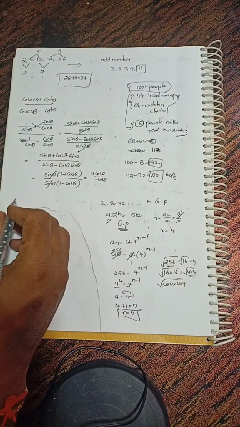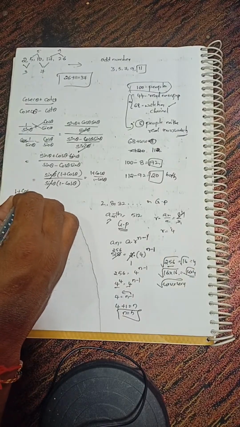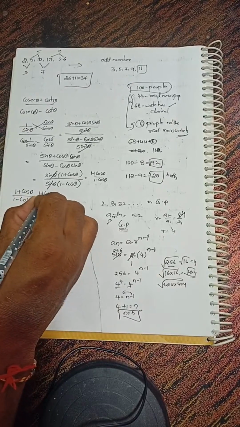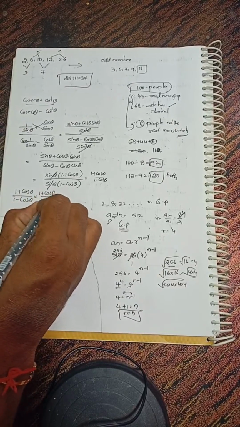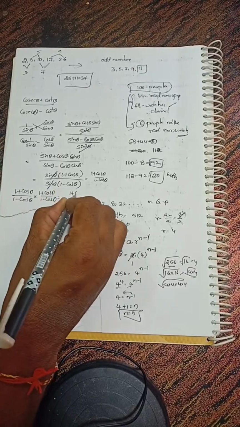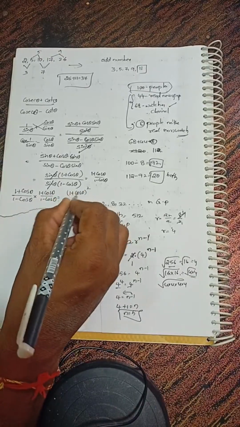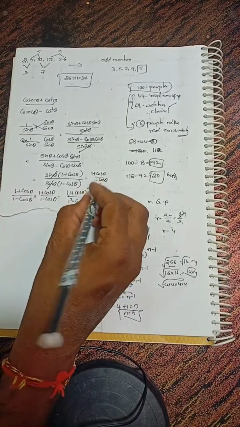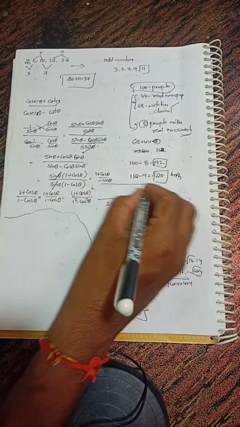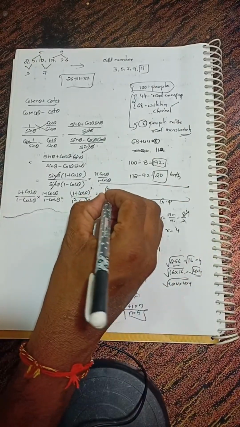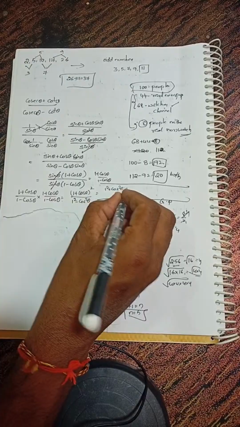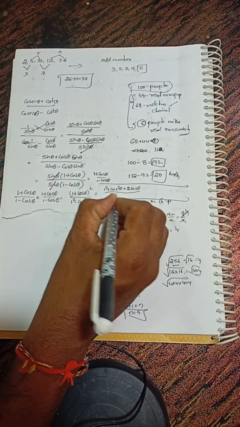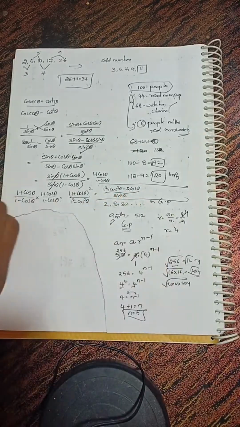So if you do the rationalizing, what are we getting? 1 plus cos theta by 1 minus cos theta into 1 plus cos theta by 1 plus cos theta. This becomes 1 plus cos theta whole square by 1 square minus cos square theta. This is in the form of a plus b whole square: 1 square plus cos square plus 2 cos theta, by sin square theta.